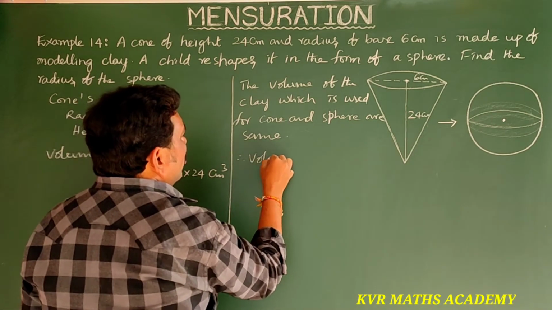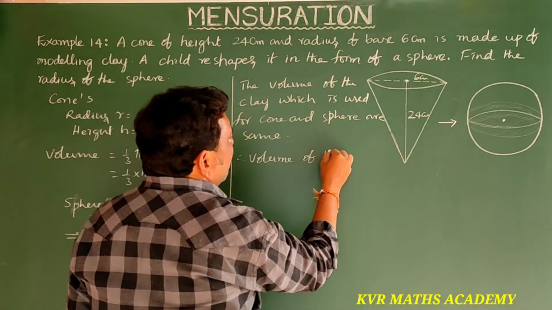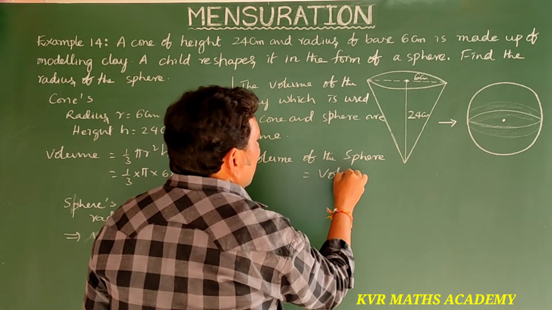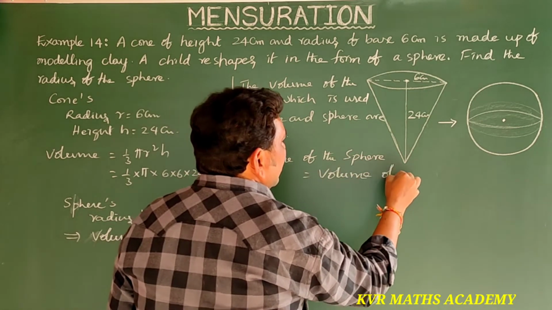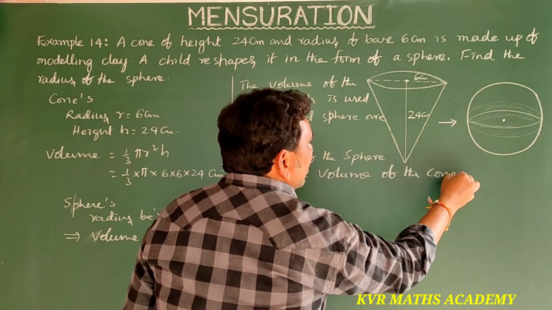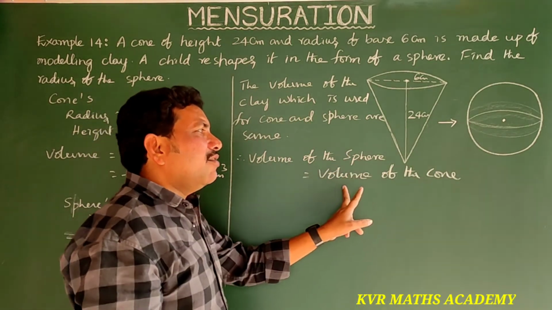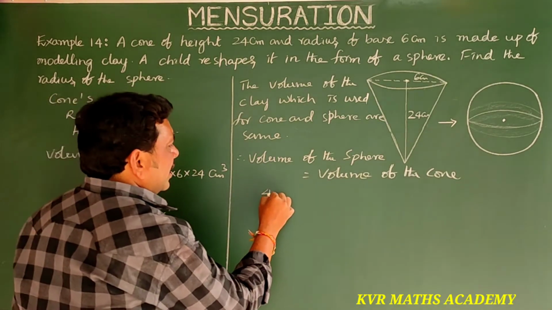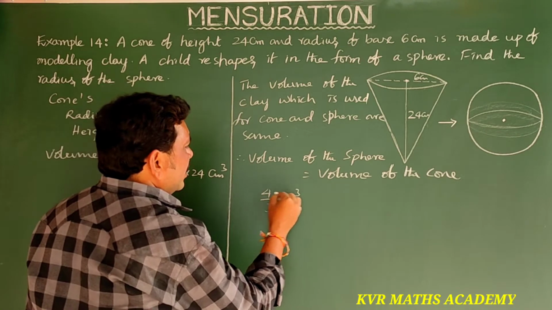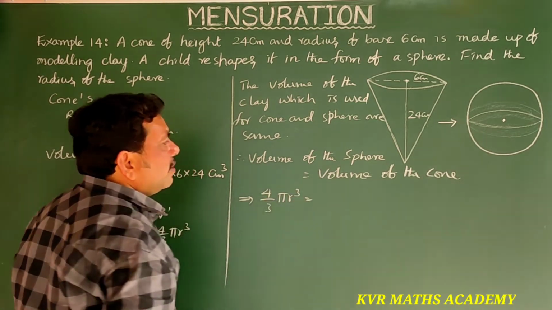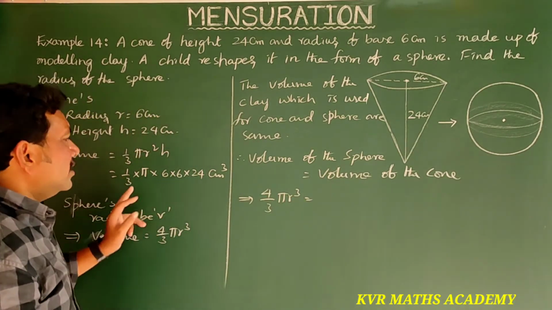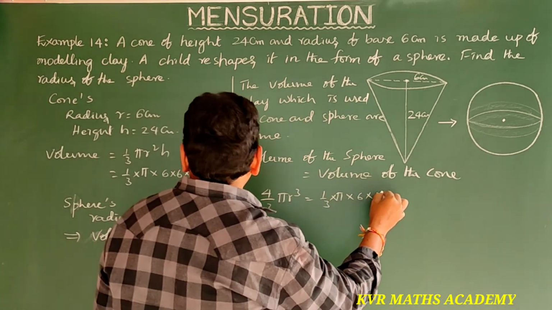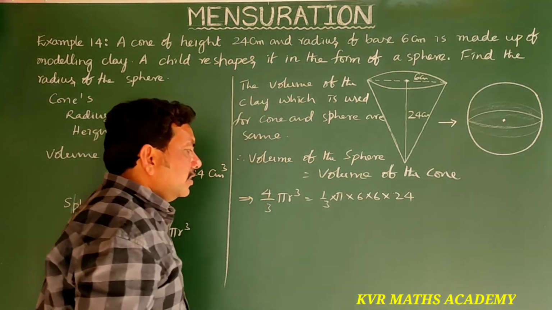Therefore, volume of the sphere is equal to volume of the cone. Volume of the sphere is 4 by 3 pi r cube. 4 by 3 pi r cube is equal to the volume of the cone, which is 1 by 3 into pi into 6 into 6 into 24.